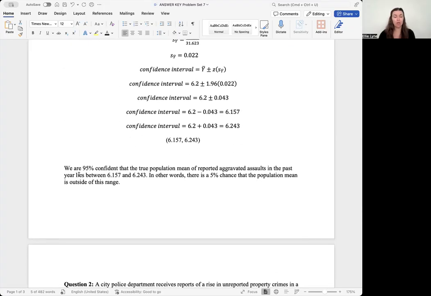So we could say, we are 95% confident that the true population mean, so we're acknowledging back that we have now calculated the population mean here rather than a proportion. Importantly here, and this was a big mistake that I saw on many problem sets in this case, are these 3 words here: true population mean.